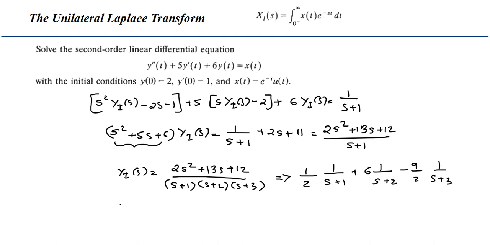It becomes 1 by 2 into e raised to minus t into u of t, plus 6 into e raised to minus 2t into u of t, minus 9 by 2 into e raised to minus 3t into u of t. Okay, so this is the equation. We are getting y of t.